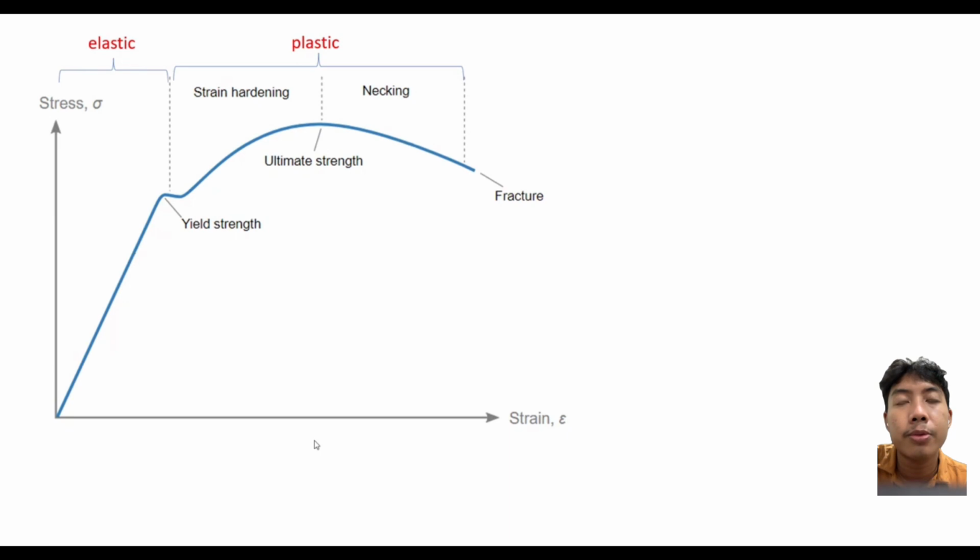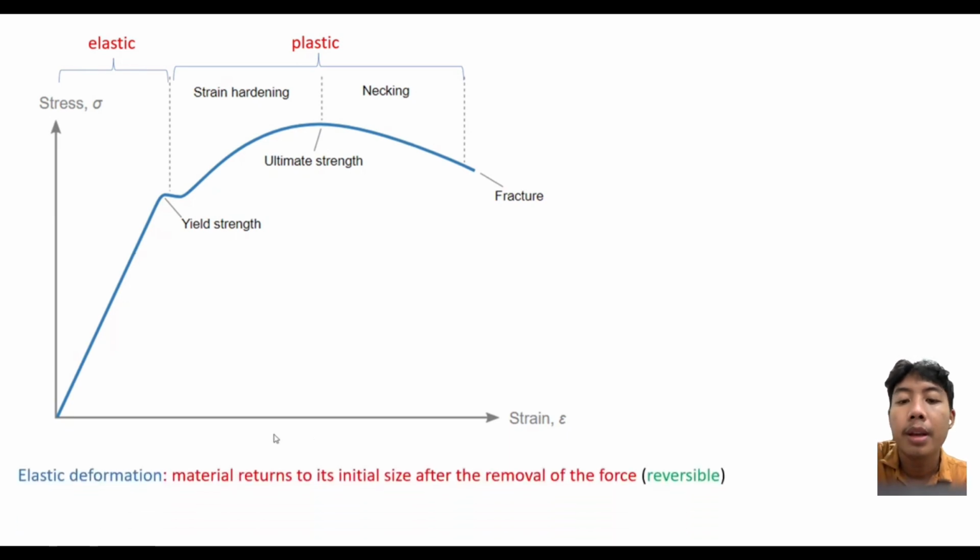At first we should know the types of deformation of the material. First, the elastic deformation, which happens in the elastic zone. Elastic deformation returns to its initial size or shape after the removal of the force.